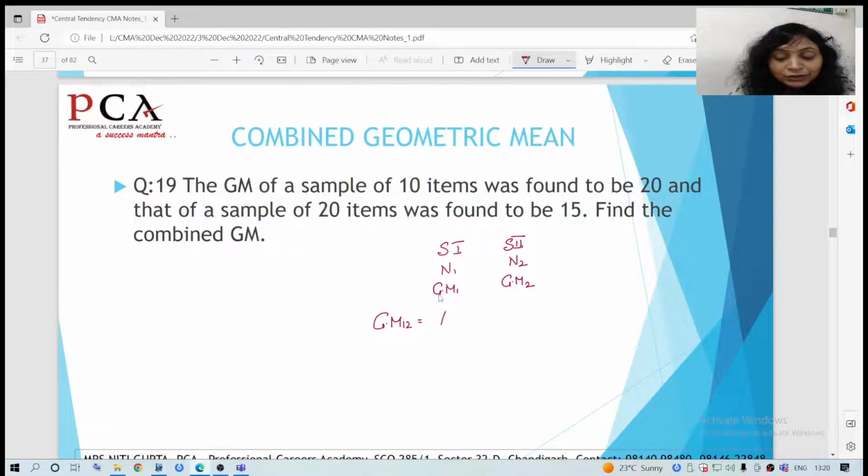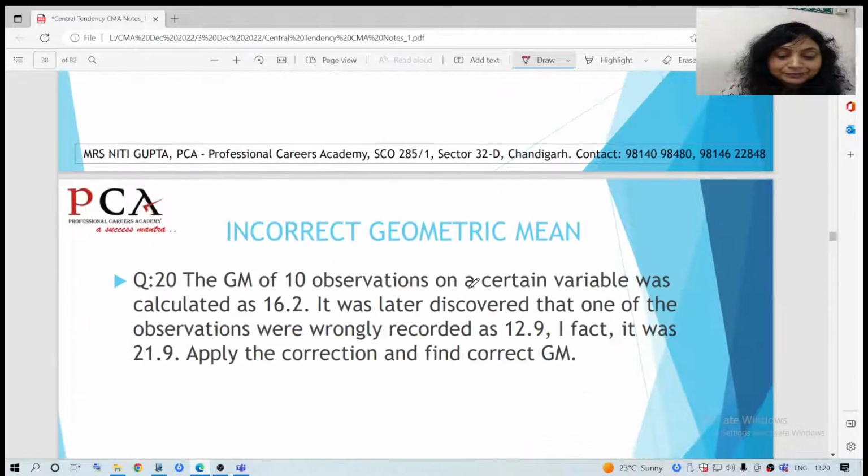So I have explained the formula. The formula is anti-log of n1 log of geometric mean 1 plus n2 log of geometric mean 2 upon n1 plus n2. So this is the process of computing combined geometric mean.